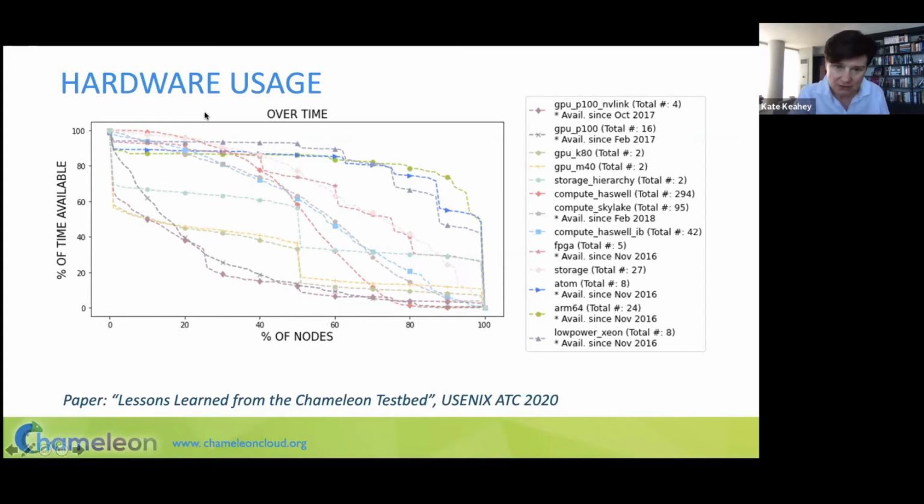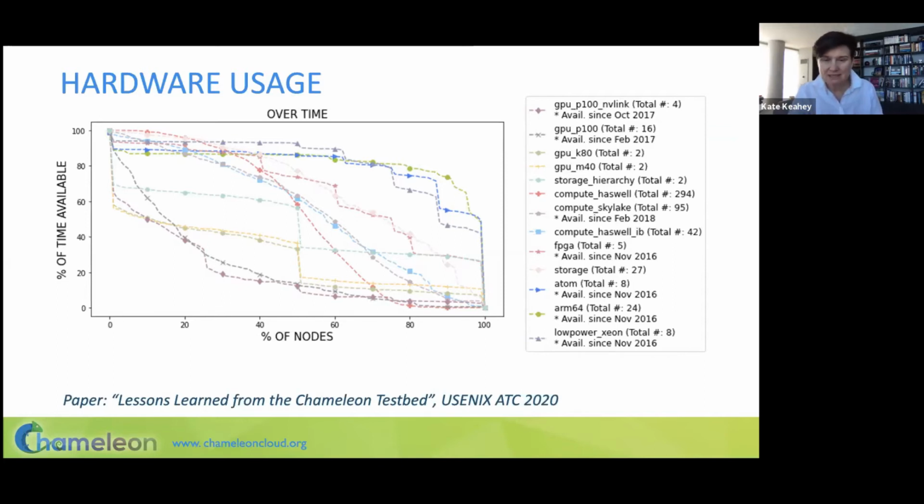So all the stuff that you have here below this line, that I would call optimal, 50% of the time is the sweet spot. Anything below here means that when you come to the testbed looking for GPUs or memory hierarchy nodes, you probably will have to make an advanced reservation, because chances are none will be available right at that time.